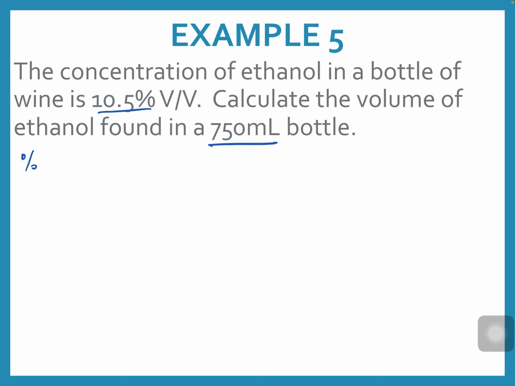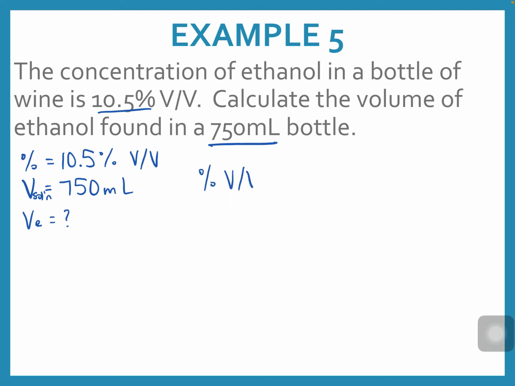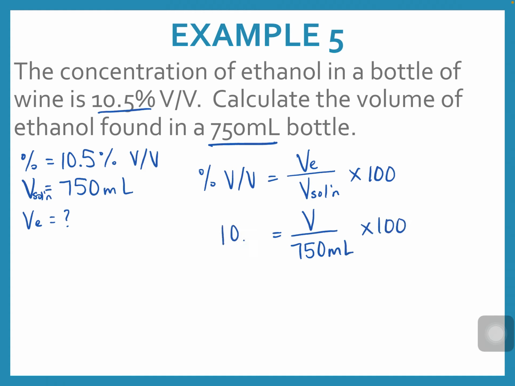So I know my percent is 10.5. My volume of solution is 750 mils. And I'm looking for my volume of solute, or ethanol here. So my percent volume is volume of my solute, ethanol in this case, per volume of solution times 100. So I'm not sure of the volume of solute, 750 mils for my solution, and my percent is 10.5.